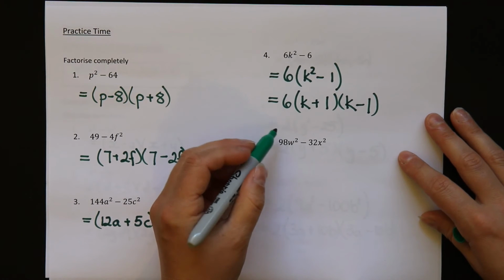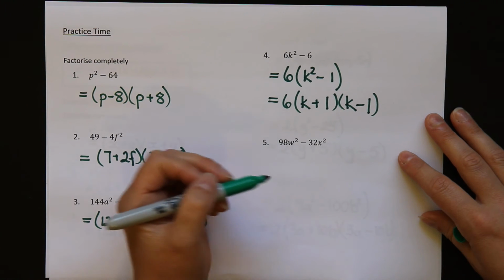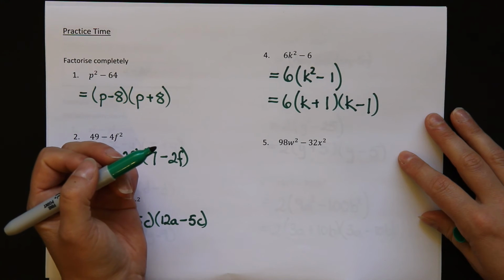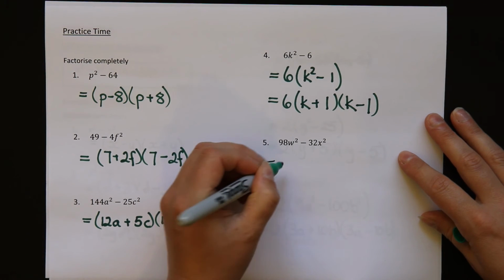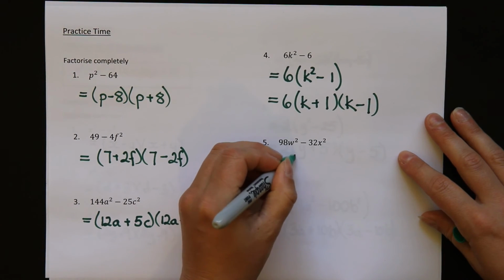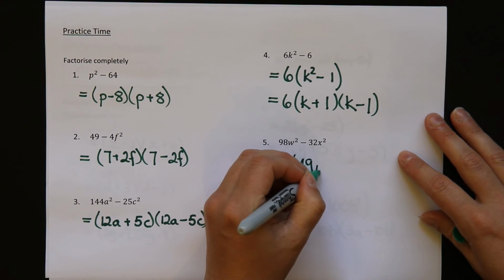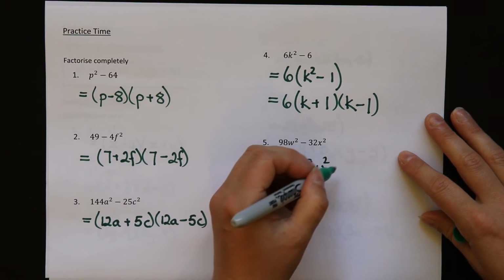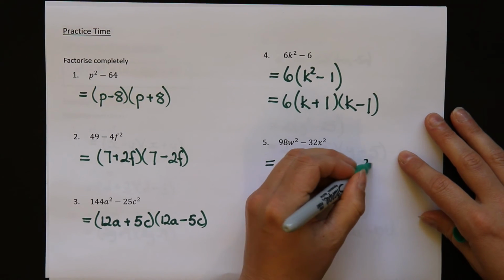And the very last one, 98w squared minus 32x squared. Oh, okay, that's some big numbers, isn't it? We can divide that by 2, which would leave me with 49w squared minus 16x squared.